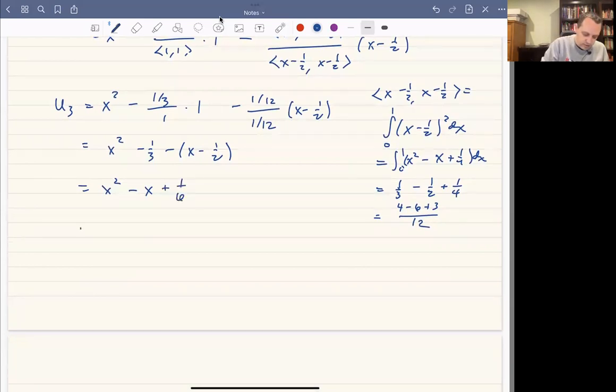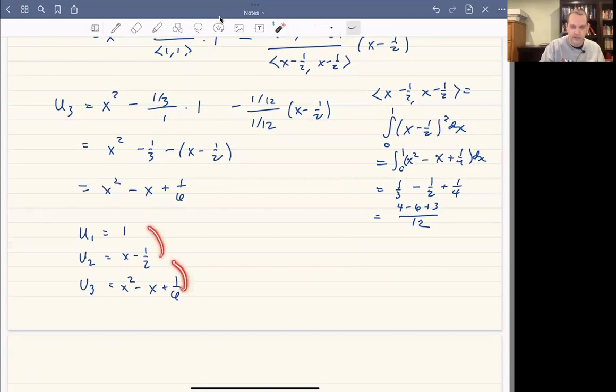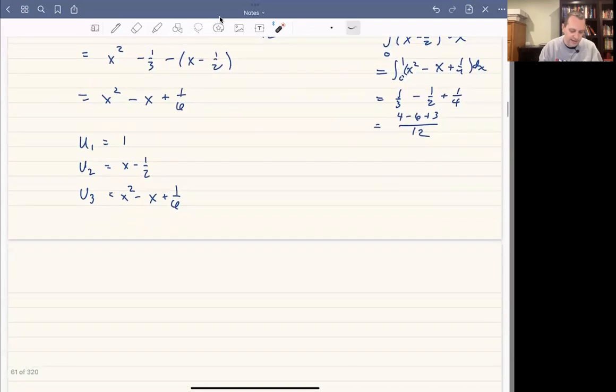Okay, and so our orthogonal basis is 1, X minus 1/2, and X squared minus X plus 1/6. And you can check if you take these inner products, you really do get 0. These really are orthogonal with respect to that inner product, where the inner product is the integral from 0 to 1. So that is the orthogonal part.